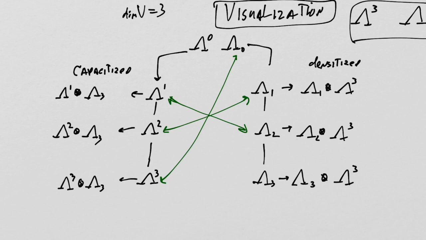And in particular, this space of 2 forms is dual and isomorphic to the densitized 1 vector. So 2 forms are isomorphic to densitized 1 vectors. Likewise, 1 forms are isomorphic to densitized 2 vectors, right here, right?